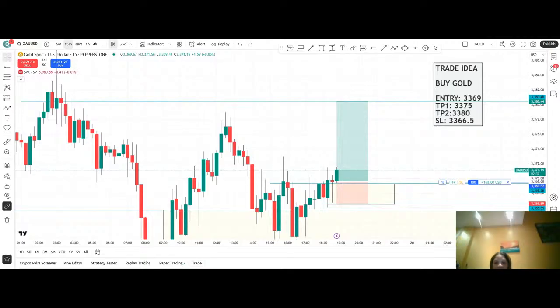Three minutes before 7, then that 1 hour candle will close, and if we get a bullish candle, that is strong confirmation that price is going to shoot up.